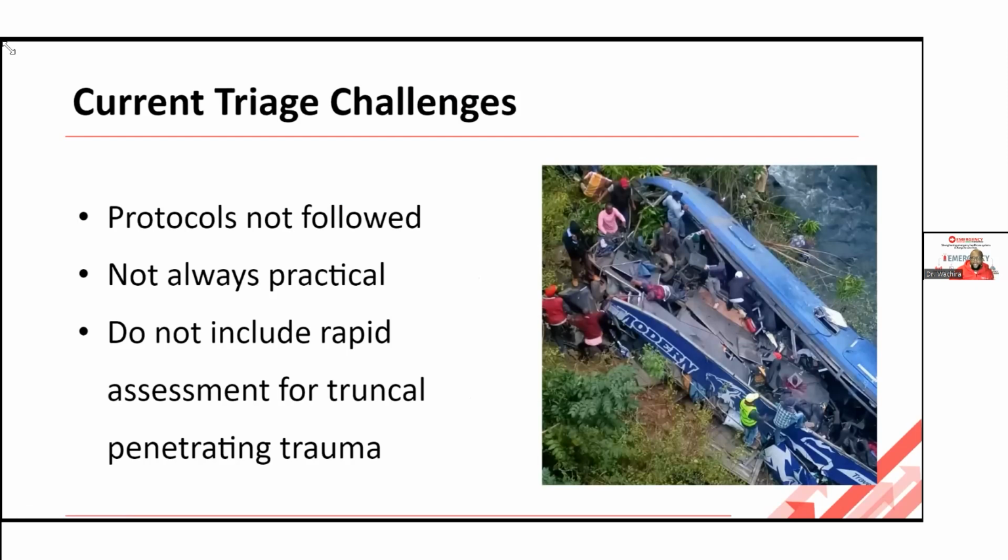Anyone, and feel free if you're in the pre-hospital environment, add on to the chat, and I'll read them after these 2 slides or so. You can bring up some of the challenges that you face on the field, because a lot of us who've done mass casualty triage know the theory, but when you get to the ground, that theory goes out the window.